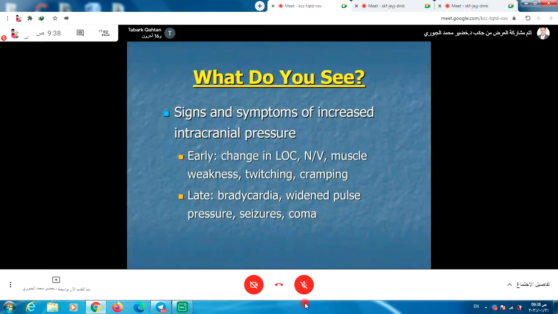Late signs of water intoxication: bradycardia, on the contrary the heartbeat is slow, widened pulse pressure, meaning the difference between systolic and diastolic blood pressure is high, and lastly coma.